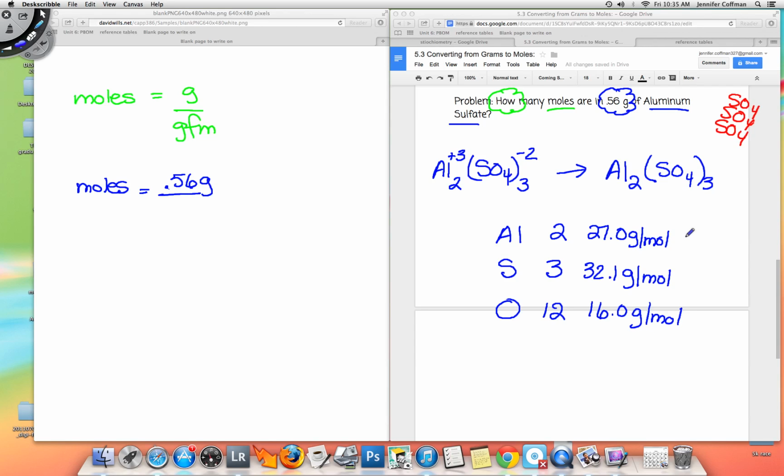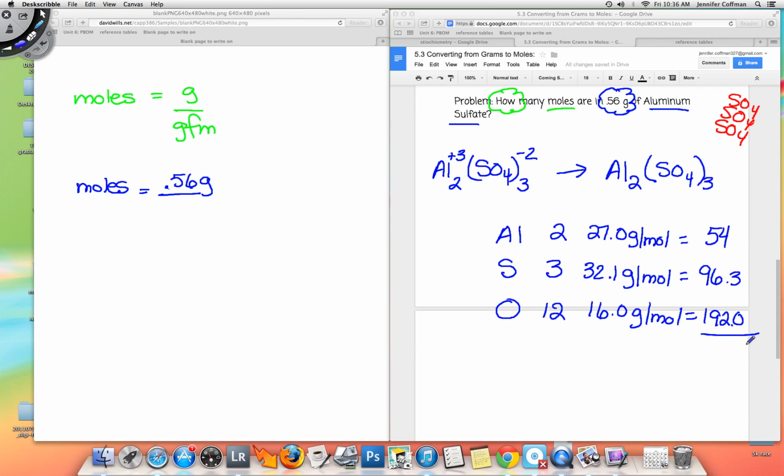And we're going to have to multiply all that out. 2 times 27 is 54. 3 times 32.1 is 96.3. I should put the units there: it's grams per mole. And then we have 192.0 grams per mole.